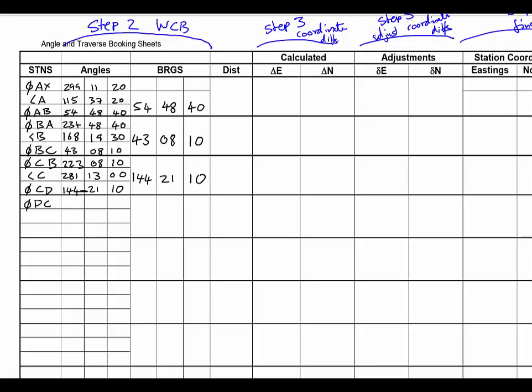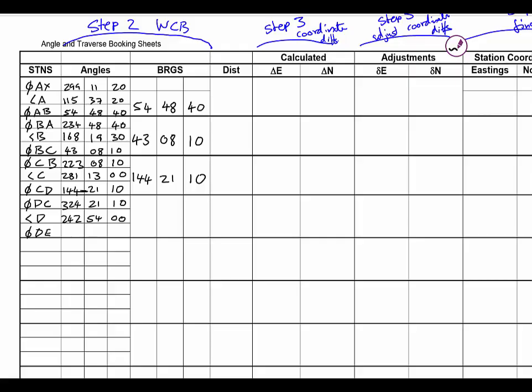I'm just going to talk people through this last section and the last couple of points. So the whole circle bearing DC is 144, 21, 10 plus 180, so we get 324, 21, 10, plus the internal angle at D, which was measured as 242, 54, 00.